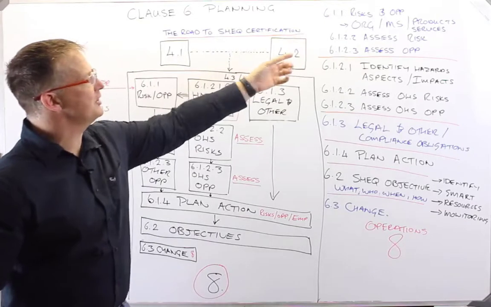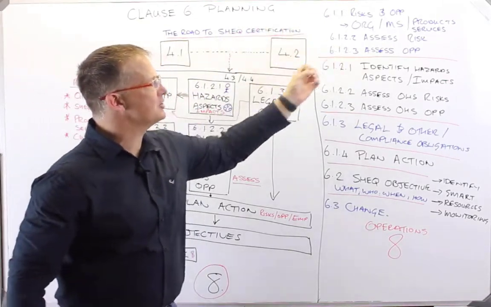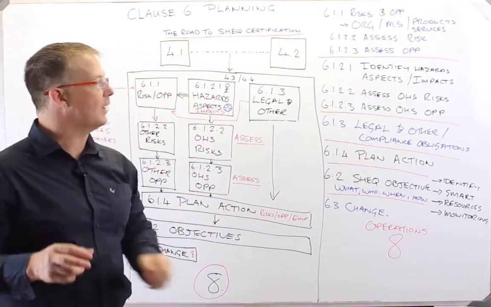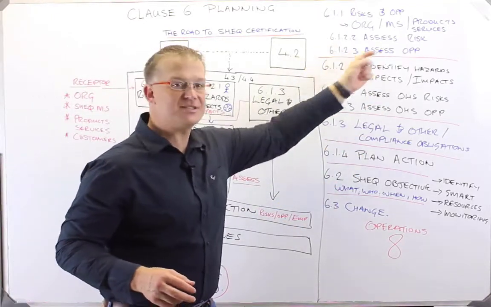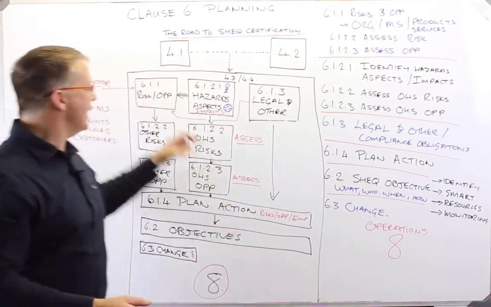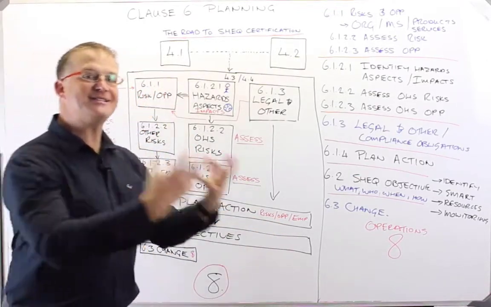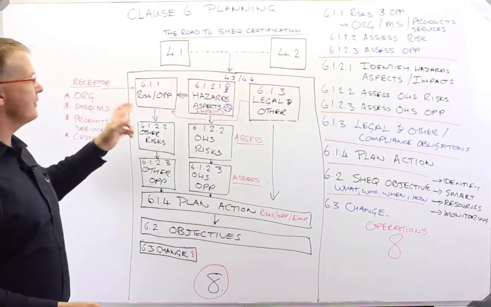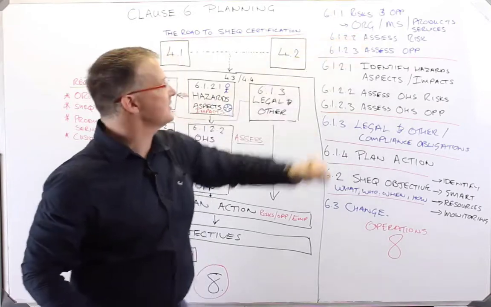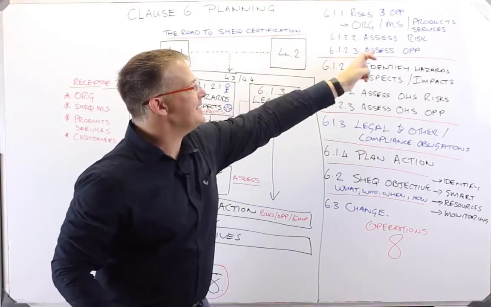6.1.1 risk and opportunities, we're looking at the organization, the management system, the products and services. Now the clause requires that we assess the risks. So we have a look at various different criteria as to how we can determine it and assess its significance. So the first thing we have a look at is what are the risks and opportunities to the organization. Then we assess the risks.